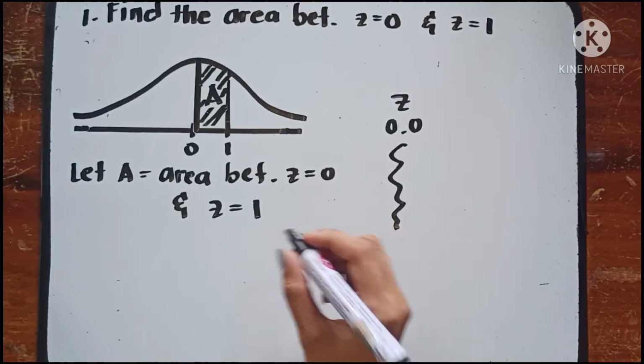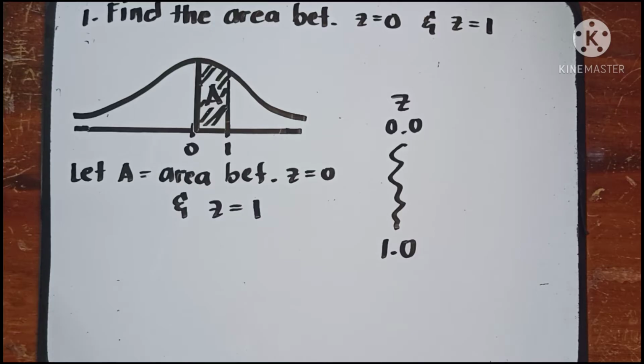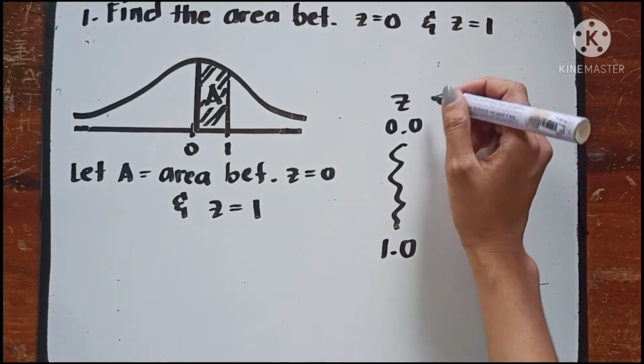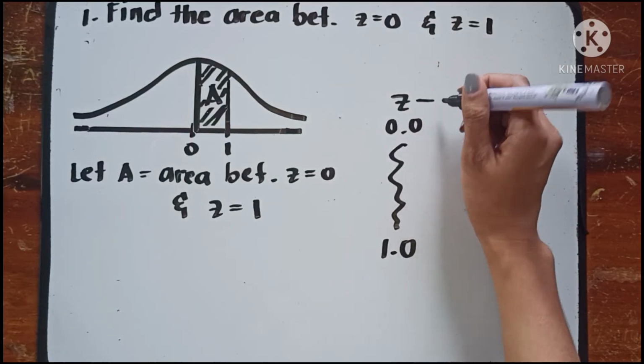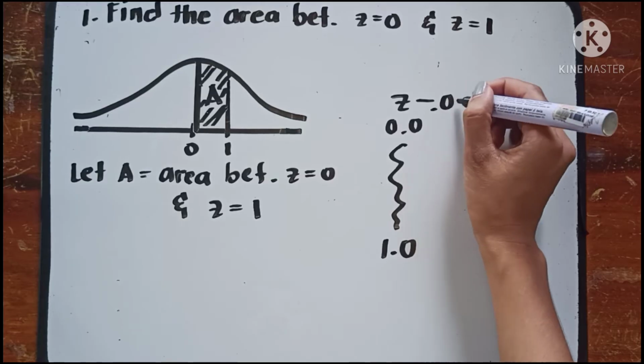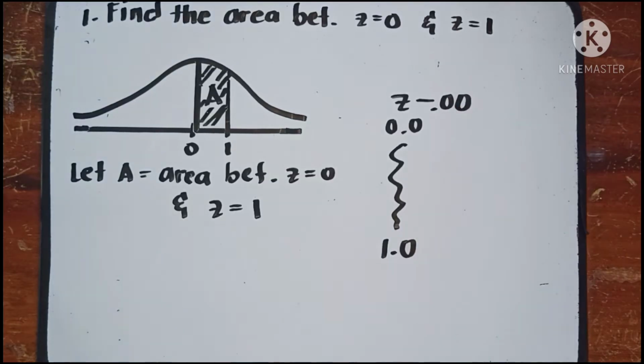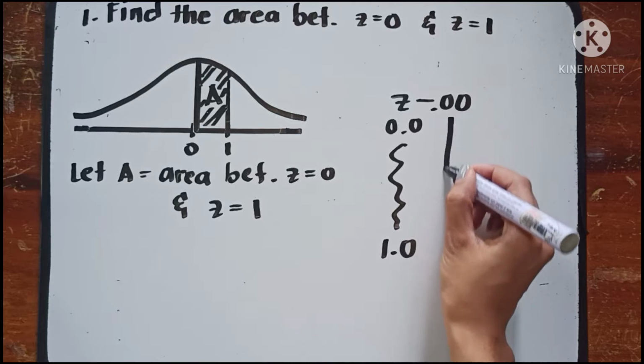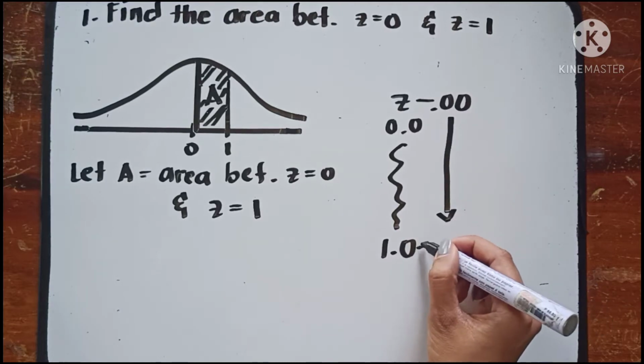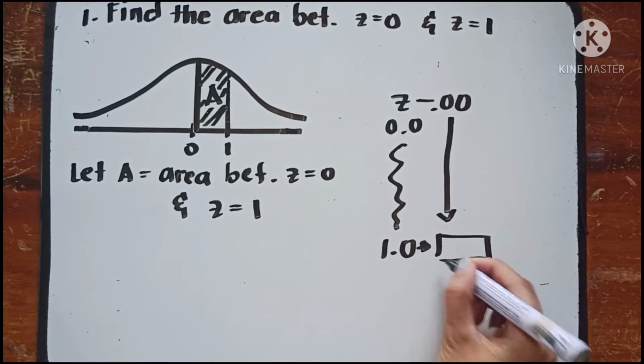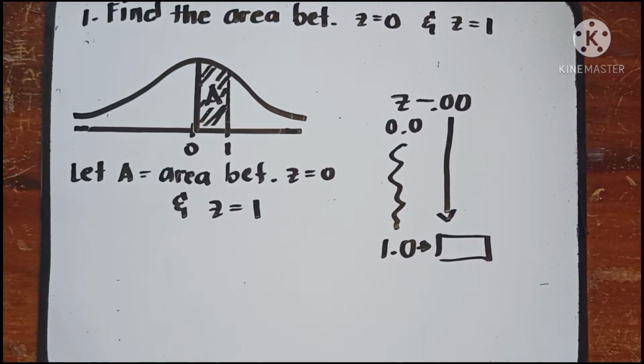So, hanapin po natin si 1.0. Okay? And dito naman po sa taas, hanapin natin si 0.00. Okay? So, kung saan sila mag-intersect, yun po ang value ni 1.00.